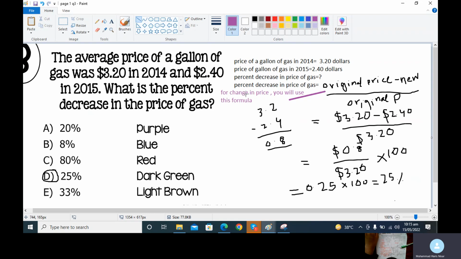Can you write this? Just type these numbers. Just type new minus old divided by old times 100. Let me write it here.